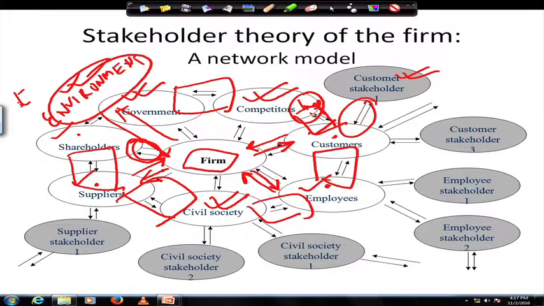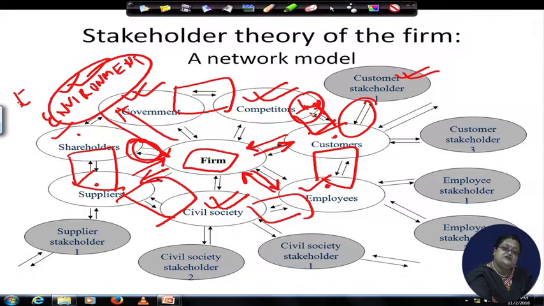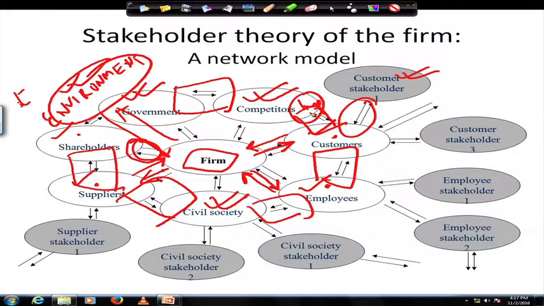So it is not only your immediate direct stakeholders, but some indirect stakeholders also, where you see your competitors also are your stakeholders. It's very important because you recognize their contribution in influencing your business, or you see how you can influence their business.